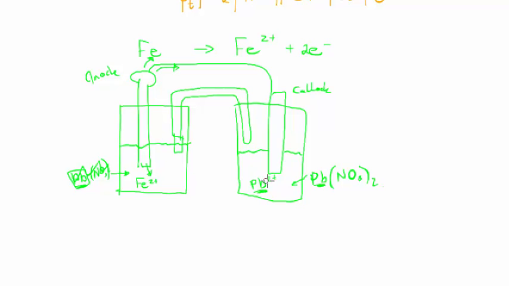Here they're receiving the electrons on this side. So this electrode is becoming Pb, because the 2 electrons are coming, taking Pb out of here.